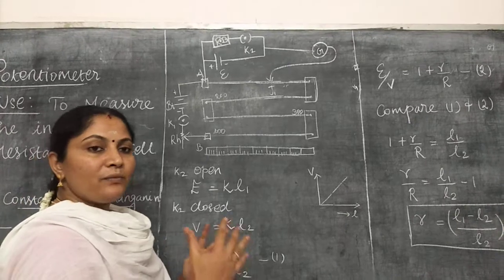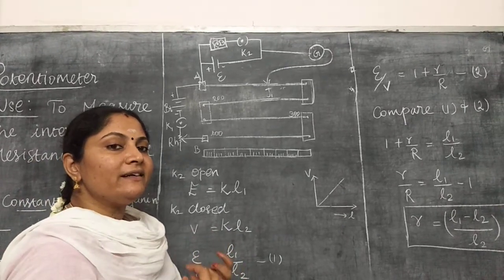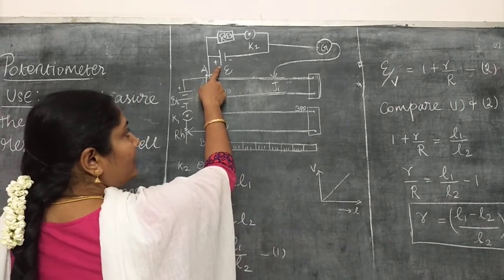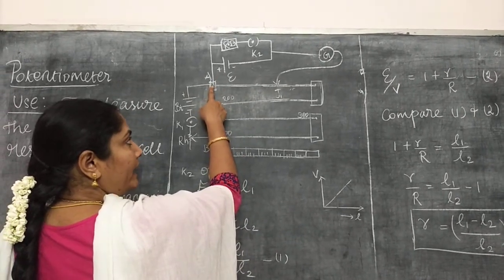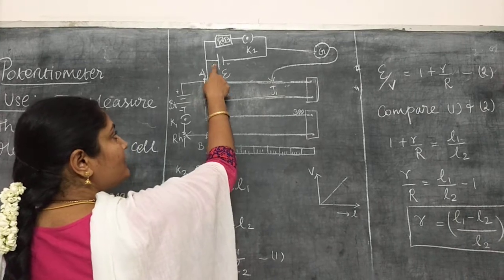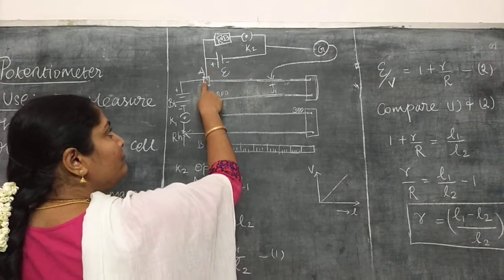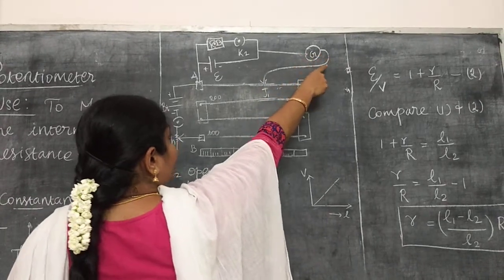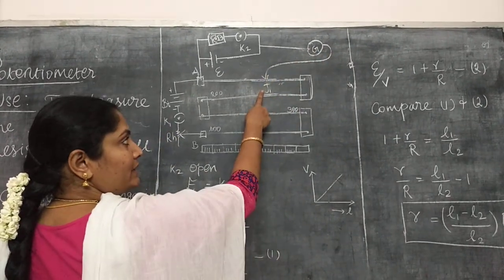In this case we are going to measure the internal resistance of the cell. The positive terminal of the cell is connected with the end A and the negative terminal is connected with the galvanometer, and the other end of the galvanometer is connected with the jockey.